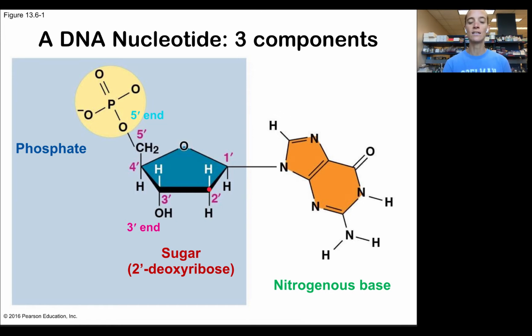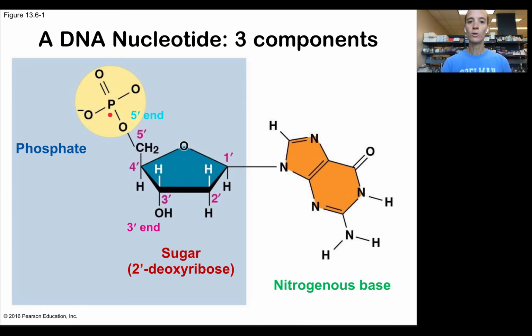We'll see how that differs with the RNA, the ribonucleotides. And it's also composed of a phosphate. You can see that the phosphate has lots of oxygens, which is actually charged. So this whole phosphate will provide the negatively charged component of the whole DNA. So this is a nucleotide. Again, a nucleotide is going to be composed of a nitrogenous base, a sugar, and a phosphate.